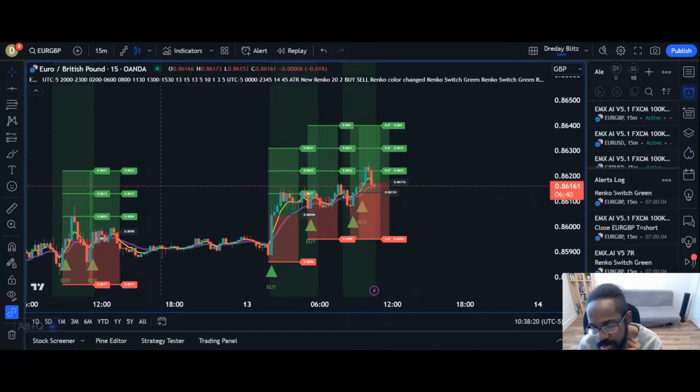All the moves are being made, and we should expect some good movement by the end of this New York session, before 4 p.m. Eastern Standard Time, or at London or Asian. So depending exactly on what you're trading, if it's the yen or the British pound, make sure to trade within those sessions accordingly.